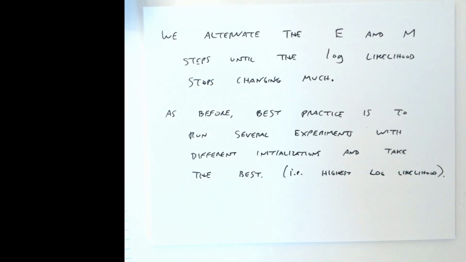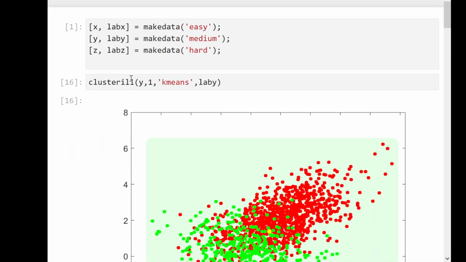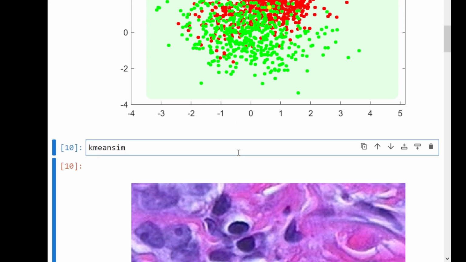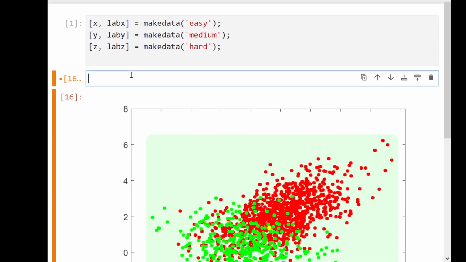Okay, so let's look at this process numerically. If I go back to my MATLAB notebook, I wrote a function called Gaussian Mixture Model illustrate.